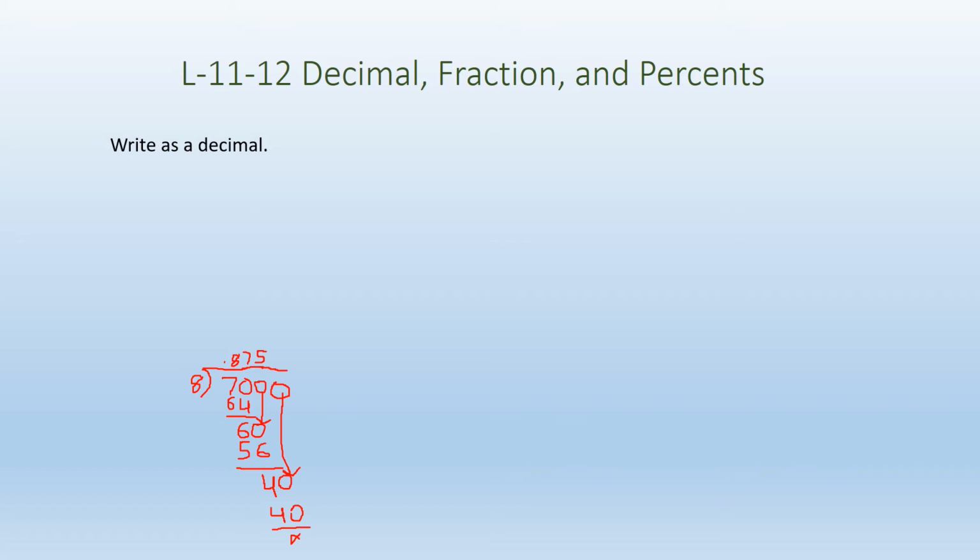Today, write as a decimal the question numbers. This is your book question number 1, 4, 7 and 10. Question number 1 is 48.5%.